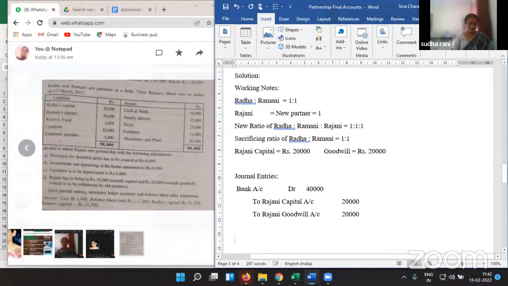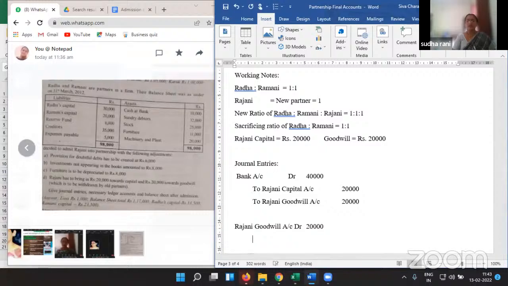Second, goodwill account debit 20,000, shared by Radha and Ramani in equal ratio, because it is the sacrificing ratio.